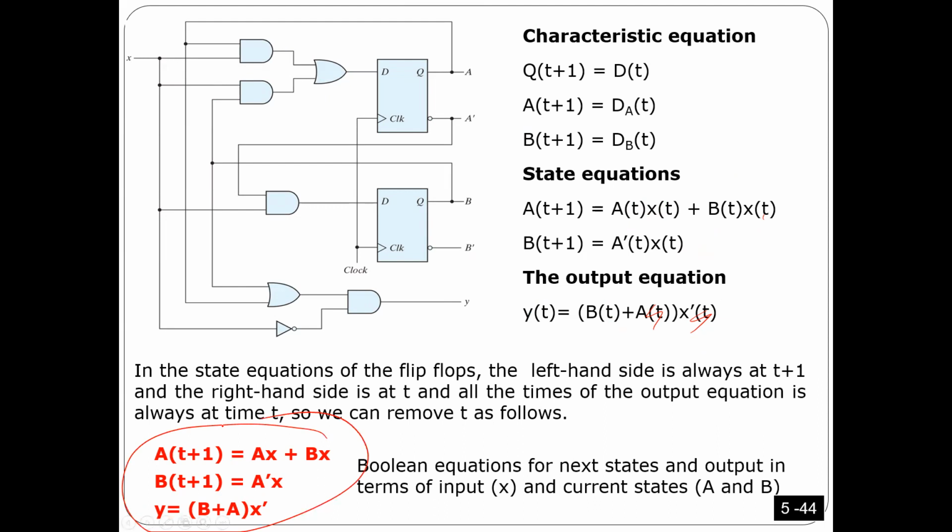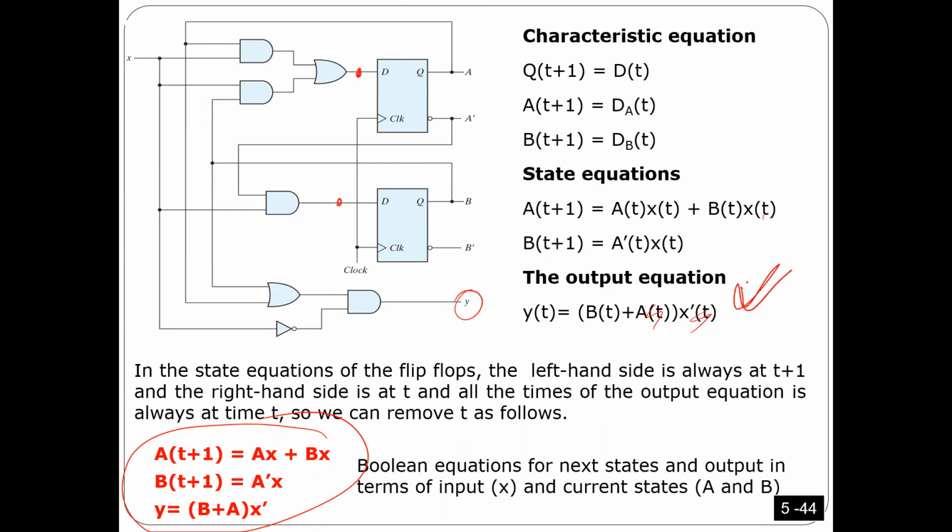The next value for flip-flop A is equal to AX plus BX. You got what I'm saying? So again, the first thing you have to do is find the input here and find the Y here. That's very easy, right?